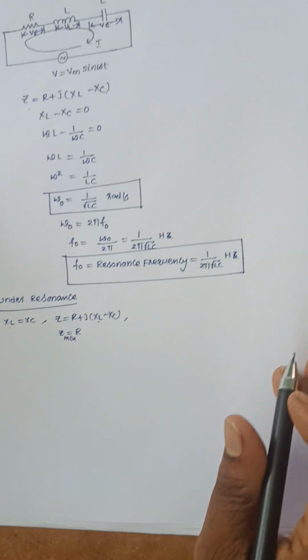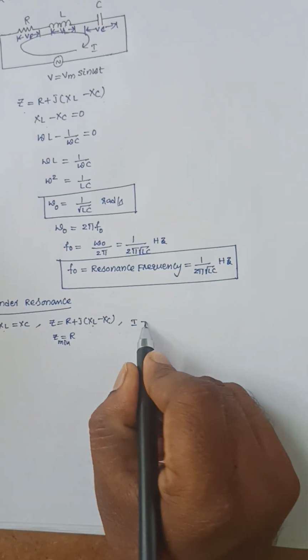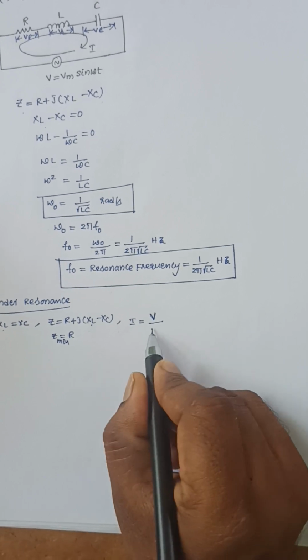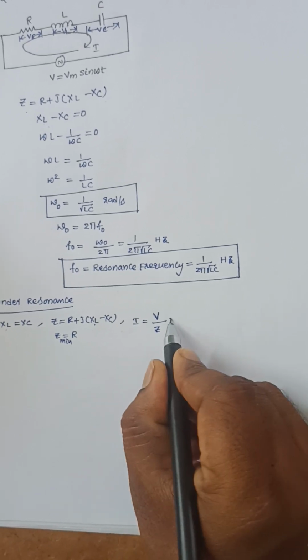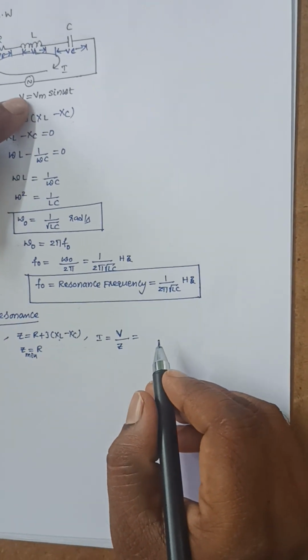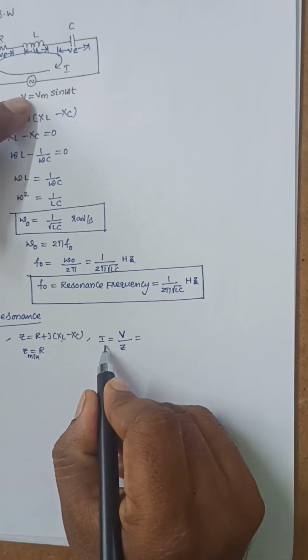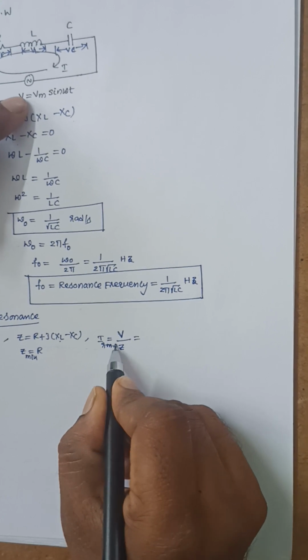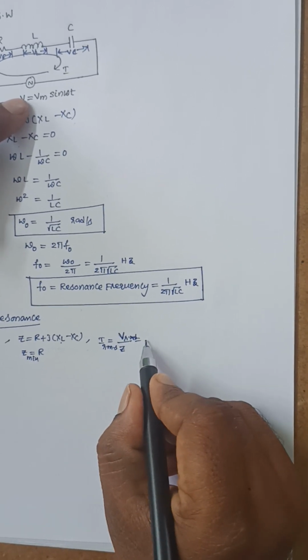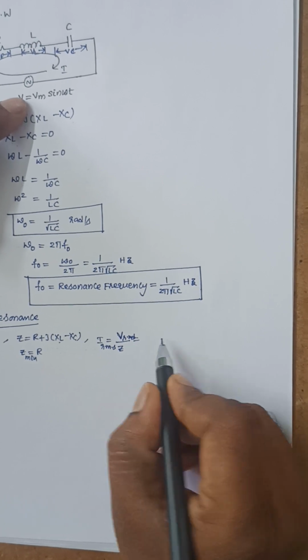And what is the current? I = V divided by Z, where V is the source voltage. In RMS values, IRMS = VRMS divided by Z, and VRMS = Vm by root 2.